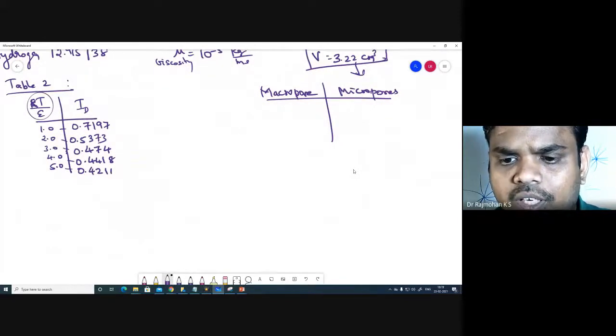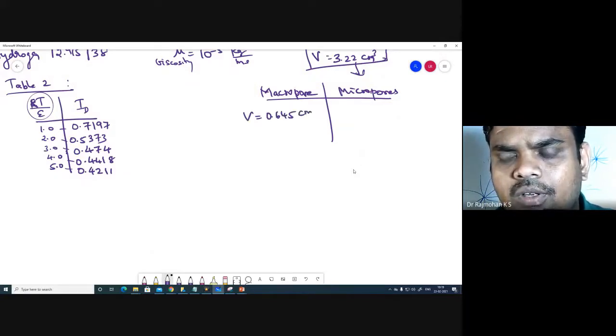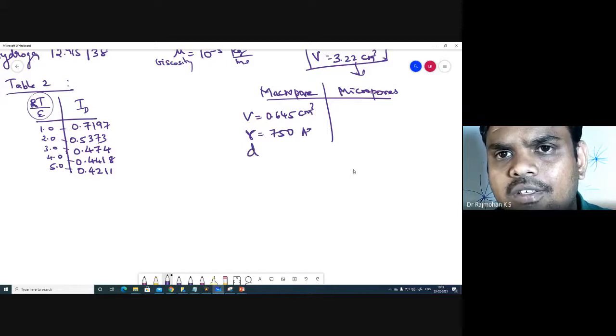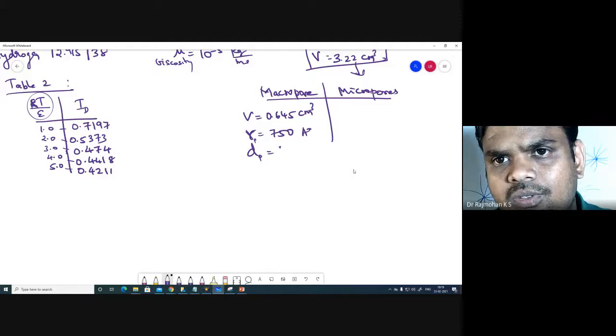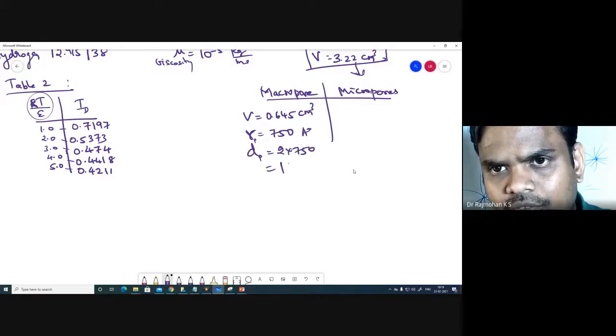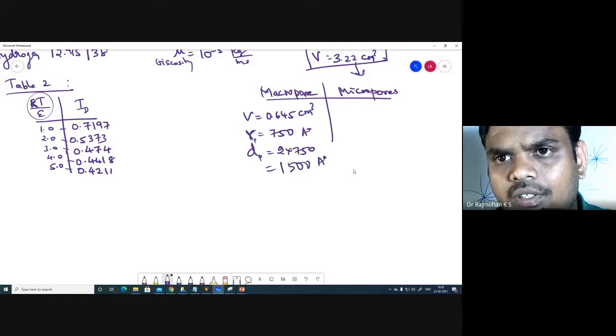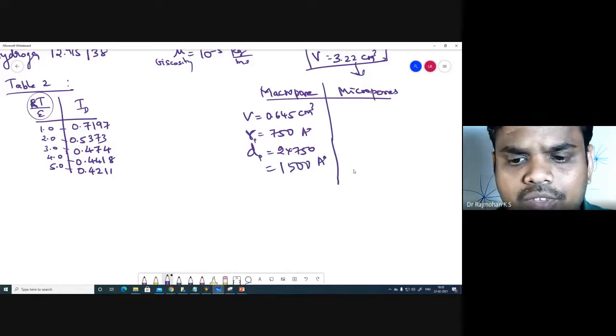For macropore, the volume is 0.645 centimeter cube, and the radius is given as 750 Angstrom. So the diameter of the pore is 2 times radius, that is 2 into 750, which gives 1500 Angstrom.